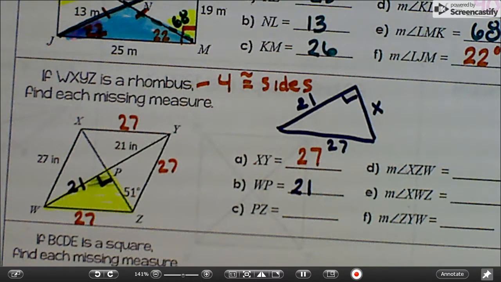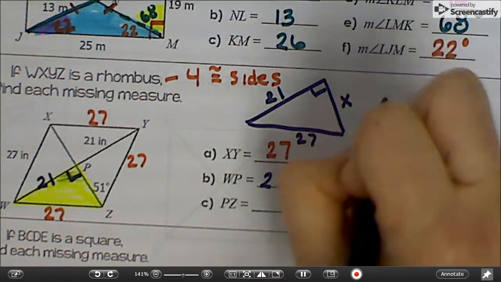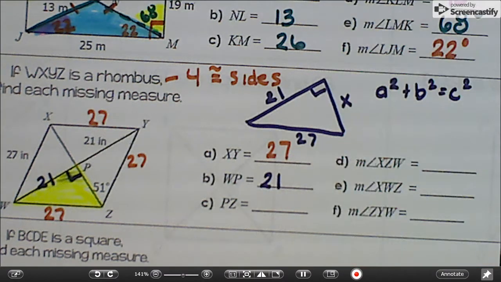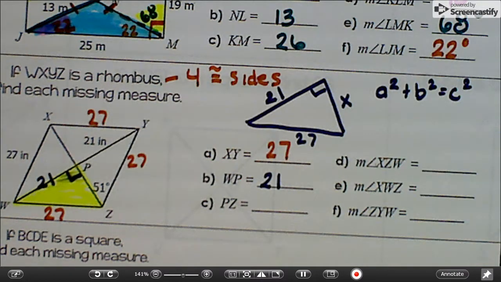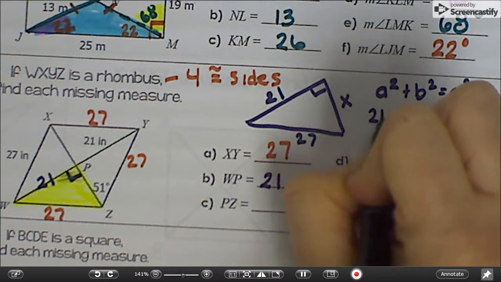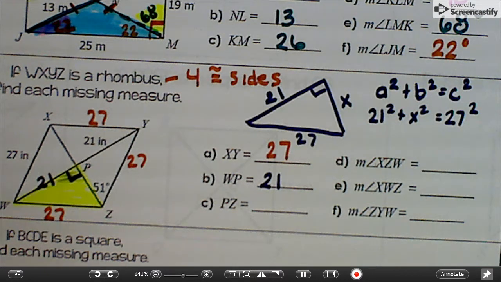Does anything jump out at you? We have 2 sides, we're looking for the third, so we need to use the Pythagorean theorem. All right, so we're going to put them in. Which one is C? Is it 21 or 27? Hopefully you said 27. So 21 squared plus x squared equals 27 squared.